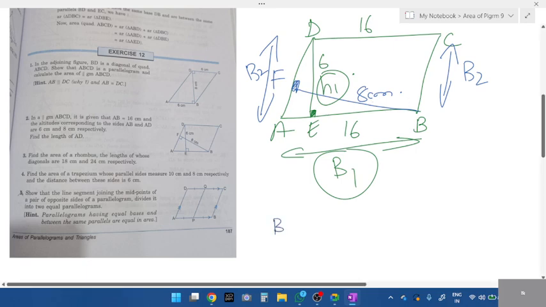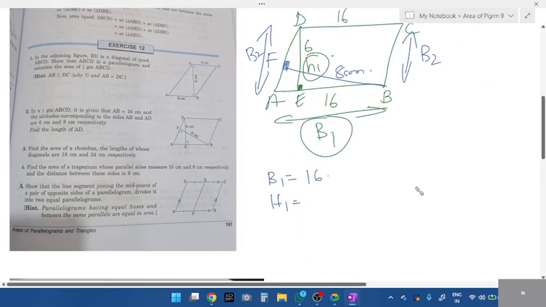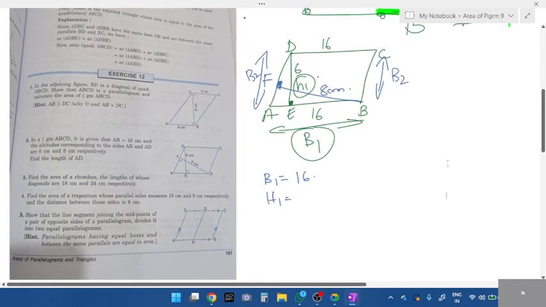So let us write here. What is B1? B1 is equal to 16. H1 is equal to... Respond, all of you. Did you all understand or any doubts? Yes or no?